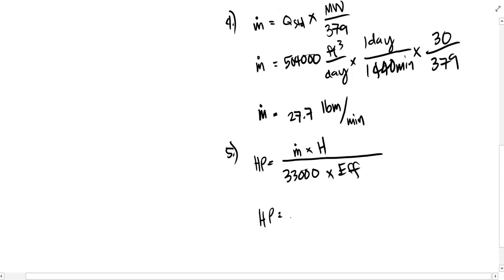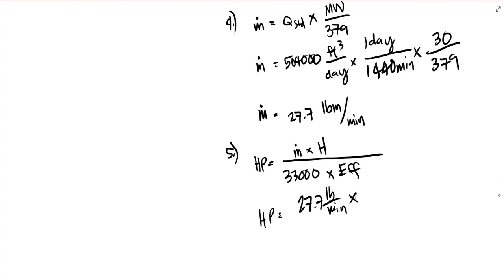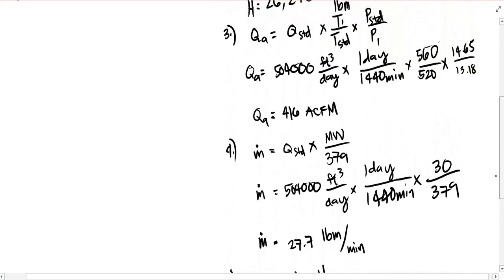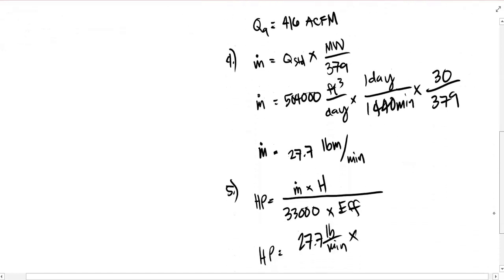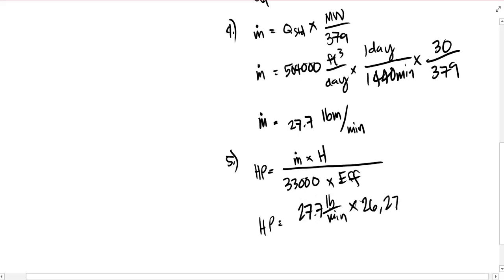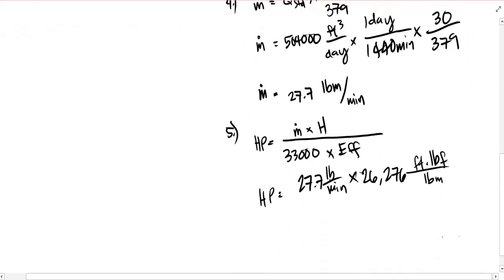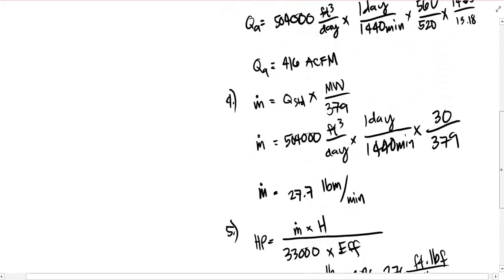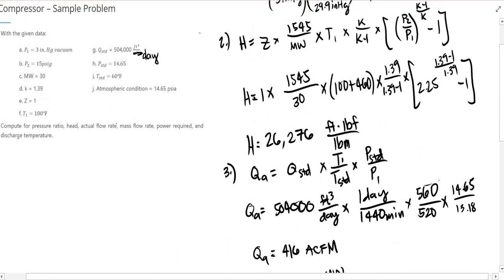So horsepower natin is equal to 27.7 pound mass per minute times the head, 26,276 foot pound force per pound mass, and all over 33,000 foot pound force per minute per horsepower times, okay, nakalimutan natin ilagay yung efficiency dito.